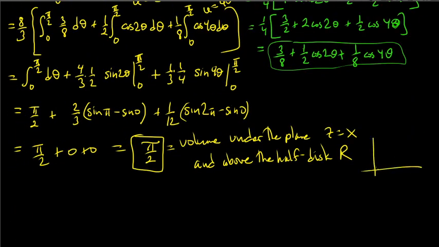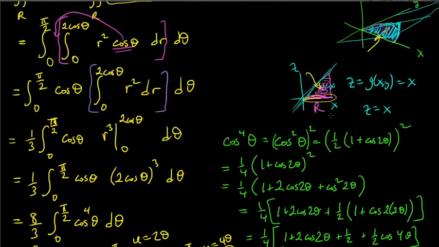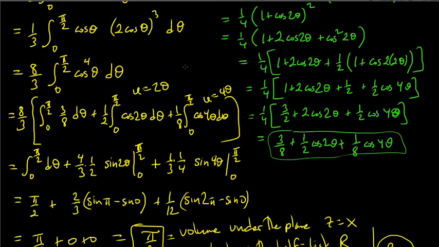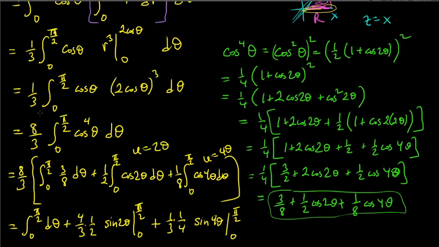Right, here it is one more time. So here's 1, here's 2. So it's just this half disk here of radius 1, but centered at the point (1, 0). So again, not an easy one, but one where we had to actually evaluate cosine to the 4th. So that's not too uncommon.